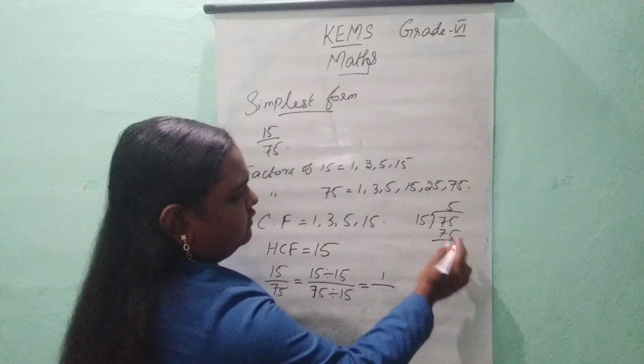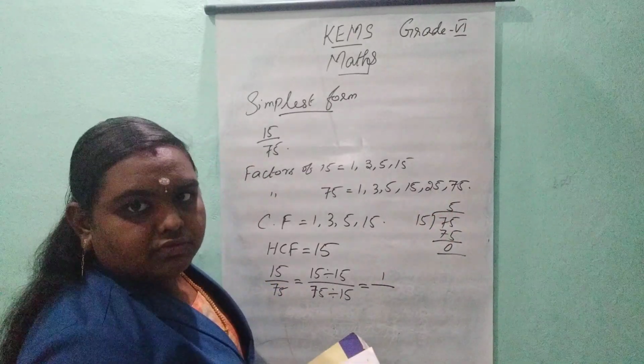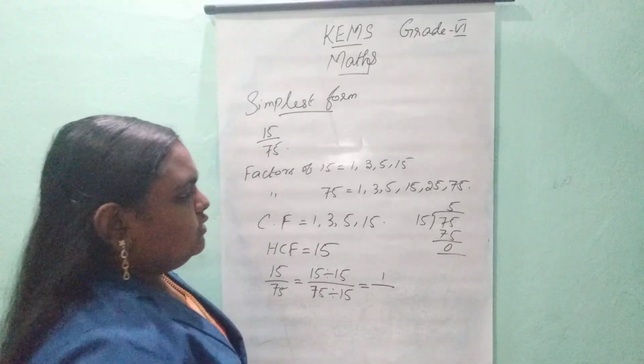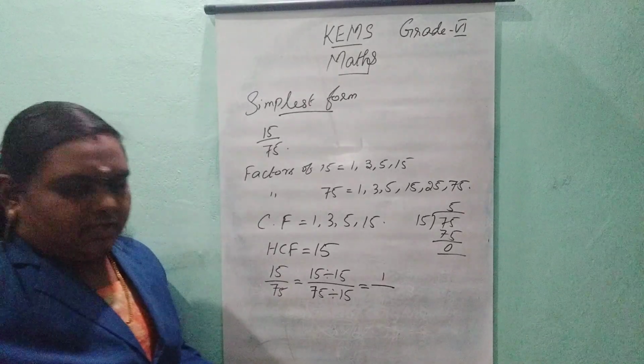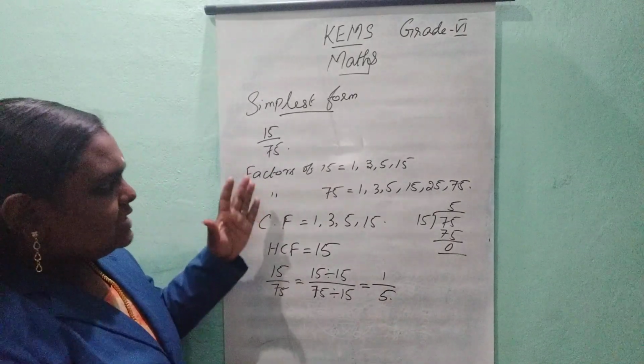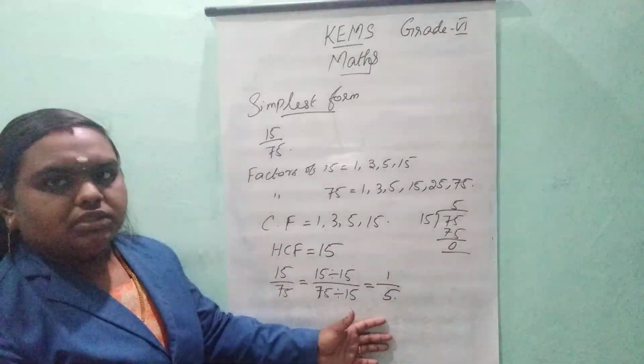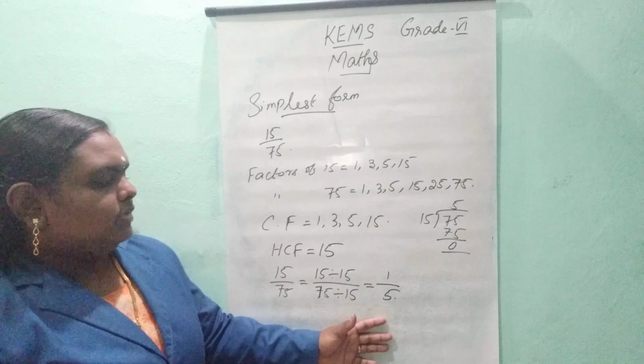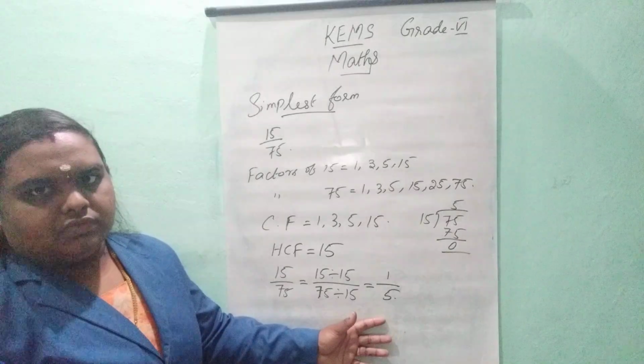So 15 into 5 is equal to 75. So the answer is 5. So 1 divided by 5. So this is the simplest form of 15 divided by 75.